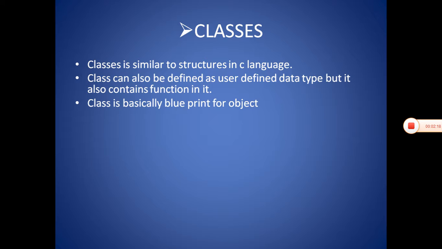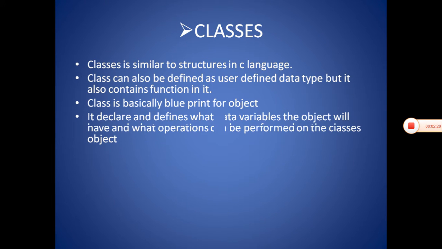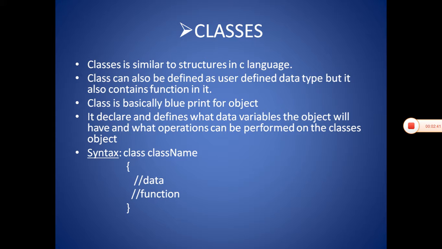Class is basically a blueprint for the object. It declares and defines what data variables the object will have and what operations can be performed on the class's object. Syntax: class, class name, open brace, data, member function, closing brace.